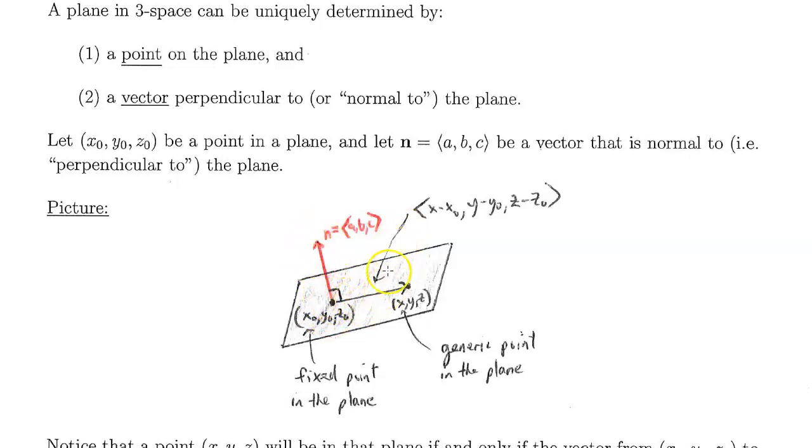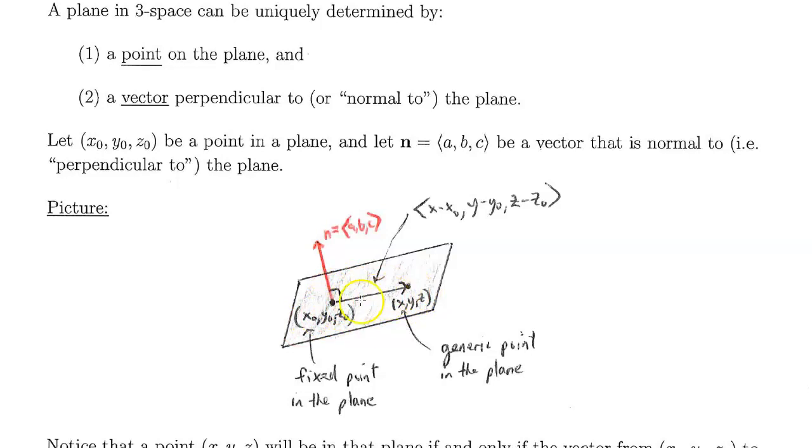So when we say that that vector is perpendicular to this, what do we mean? Well, this vector has coordinates x minus x naught, y minus y naught, z minus z naught, because remember that for the vector that goes between 2 points, you subtract the coordinates. That's this vector.